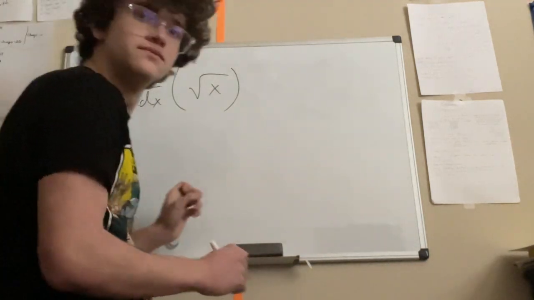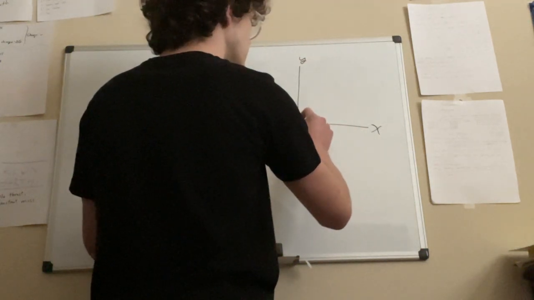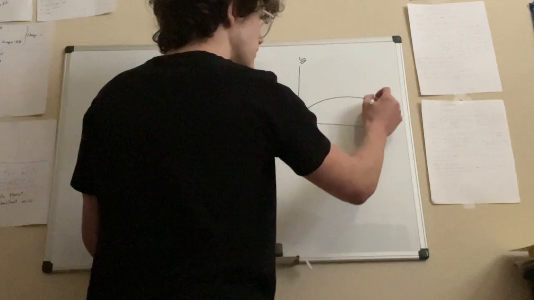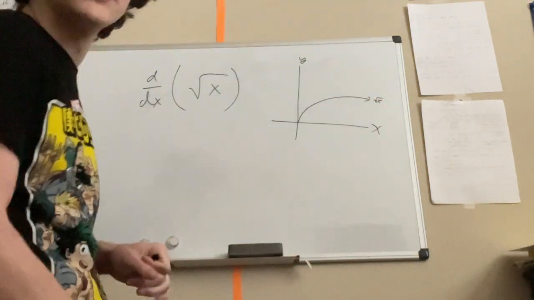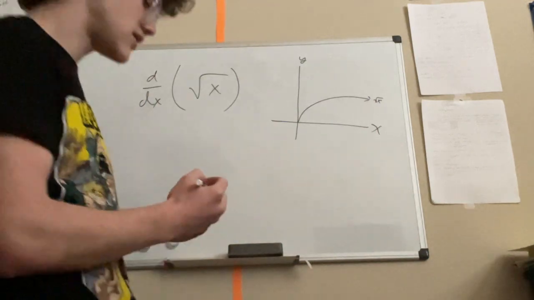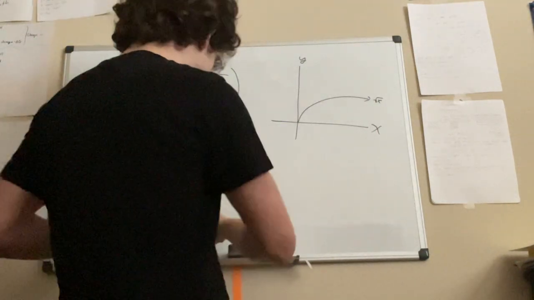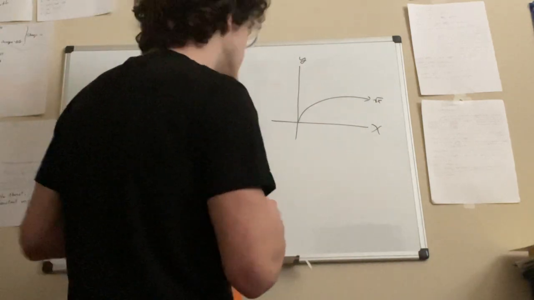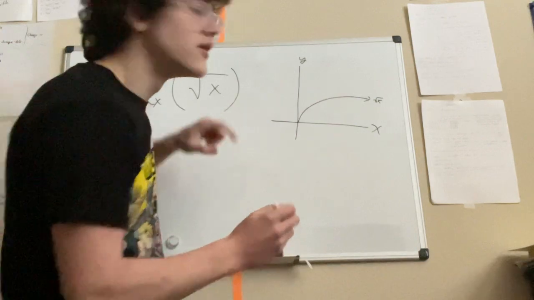And then let's graph it. So here's the y-axis, the x-axis. And then it looks something like that, square root of x. Alright. So let's say we want to find the slope of a line that intercepts at 2 points on the graph.